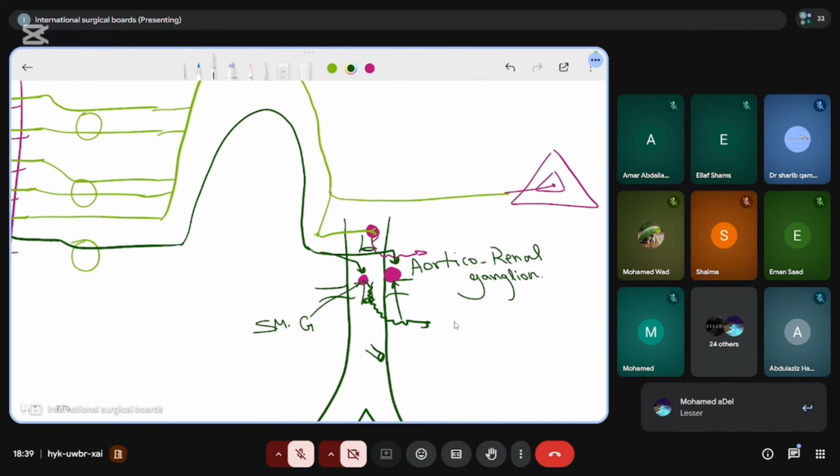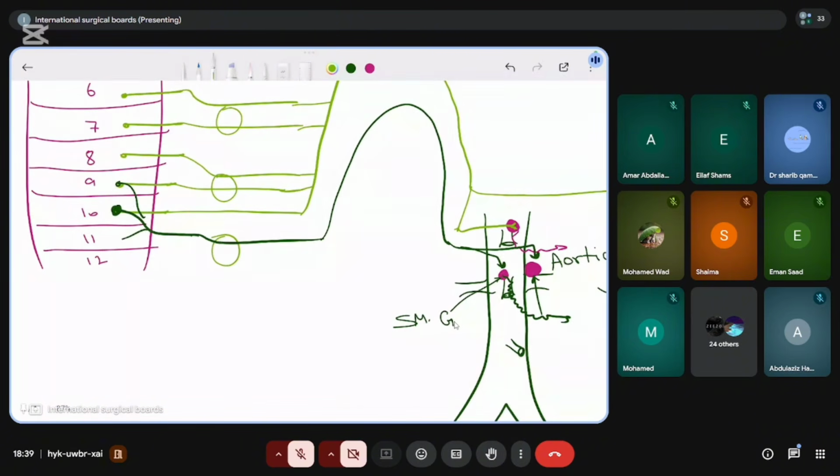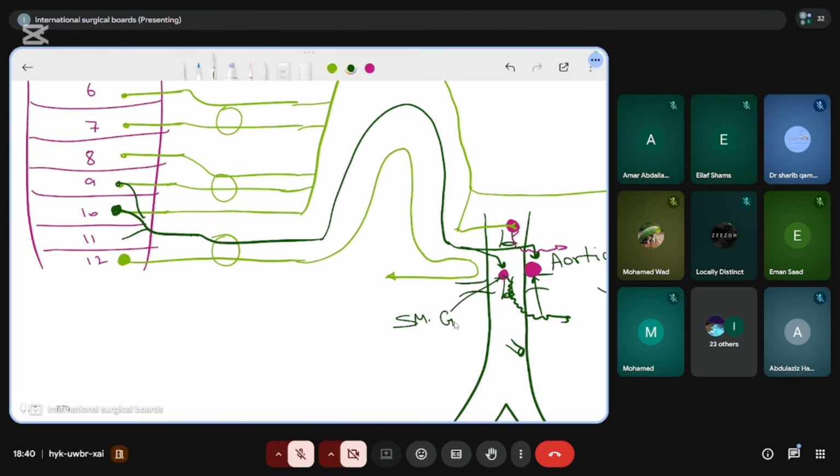Lesser splanchnic nerve. And finally, we have a nerve which in some people is there and in some people is not, but let's talk about it anyway. It comes from T12. This nerve also moves without synapsing and enters the abdomen with the same pathway, but it moves toward the kidney and supplies the kidney and ureter.